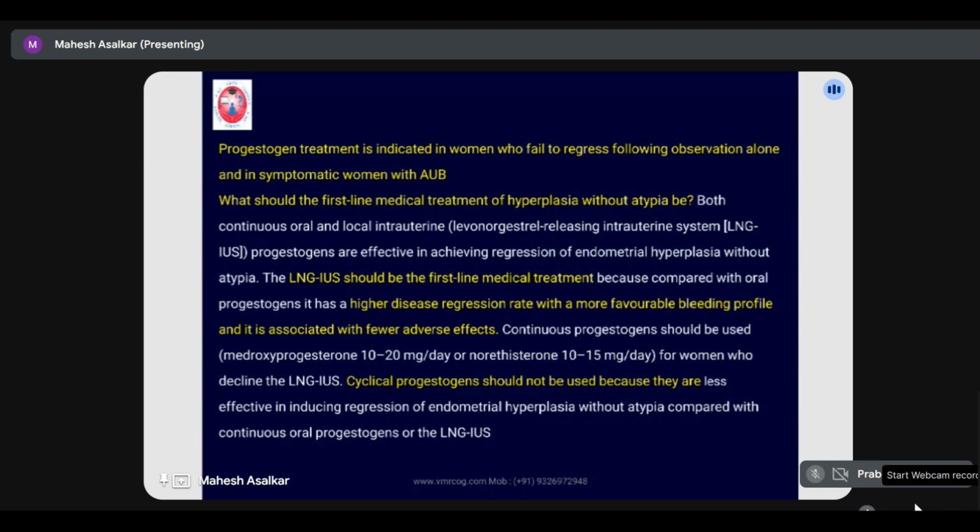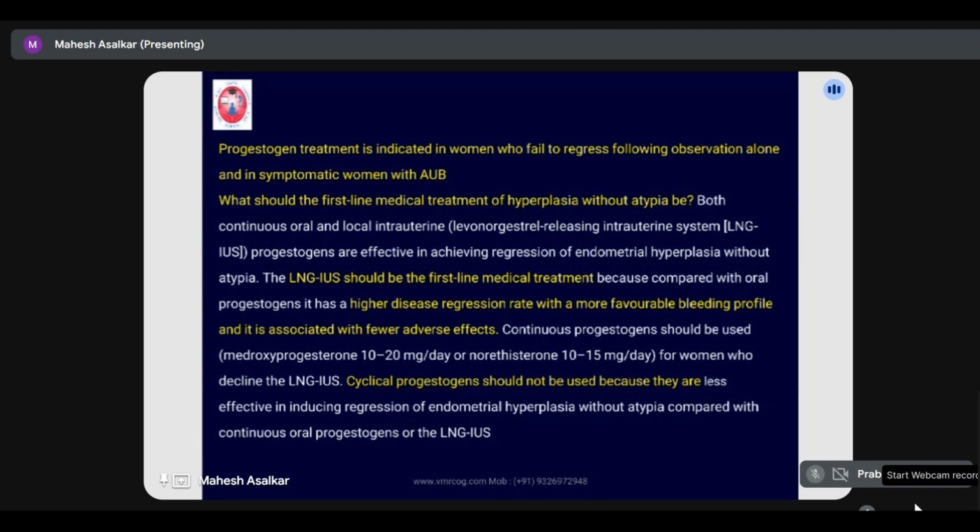Then comes the oral treatment. In oral treatment you can use medroxyprogesterone acetate, 10 to 20 milligrams per day, or you can use norethisterone 10 to 15 milligrams per day, especially for women who decline LNG-IUS. So the first modality is going to be LNG-IUS. If the woman declines LNG-IUS, then you can give oral progesterone for 6 months.